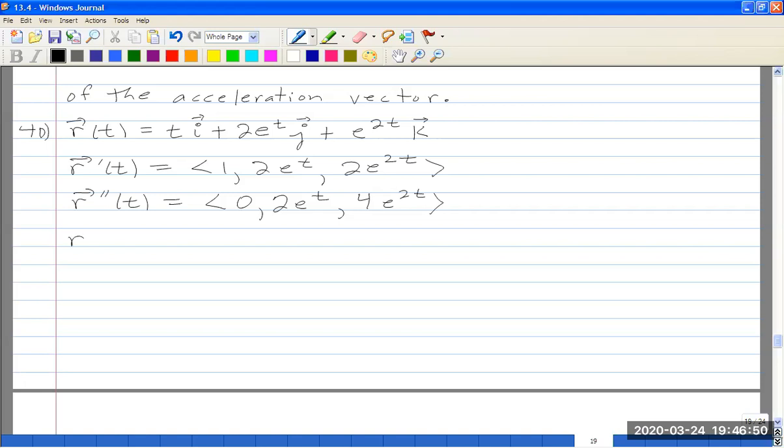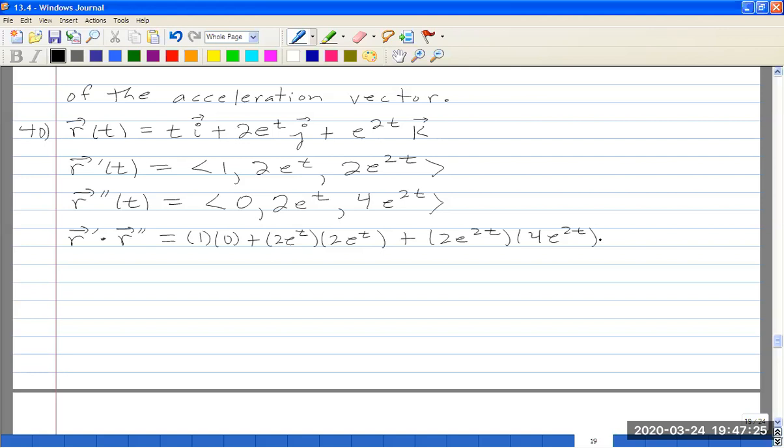So r prime dot r double prime is going to equal, well, 1 times 0 plus 2e^t times 2e^t plus 2e^{2t} times 4e^{2t}.